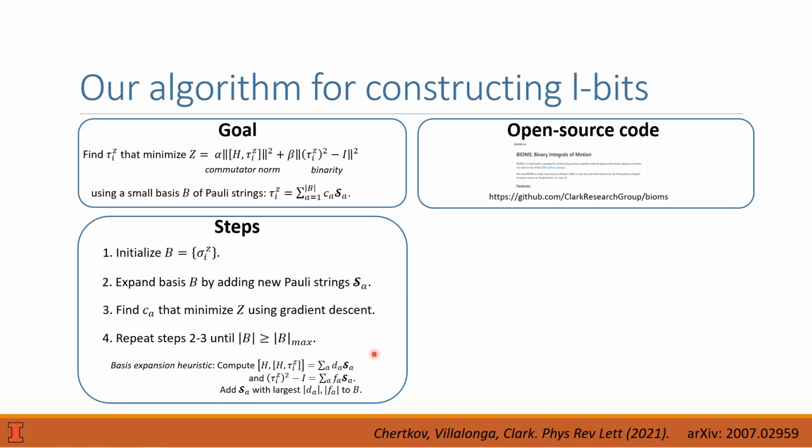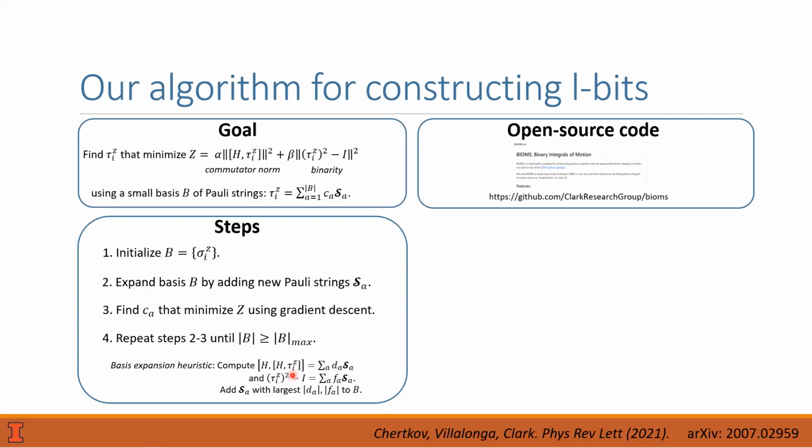Yeah, so we basically let the Hamiltonian tell us what to add. If you compute the commutator of the Hamiltonian and the current L-bit, you're going to get some operator out. That operator is basically how much your L-bit fails to commute with the Hamiltonian. It's some leftover remainder term, right?